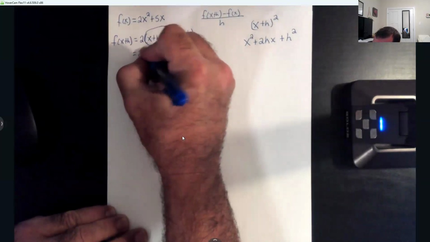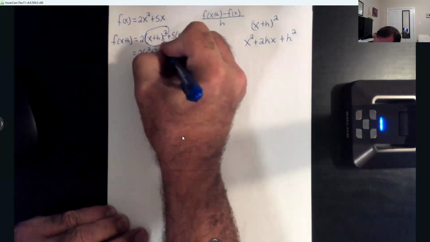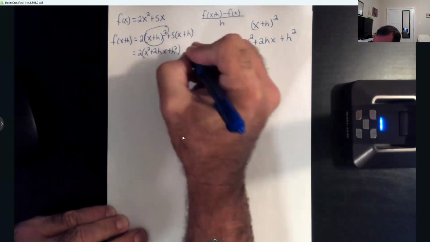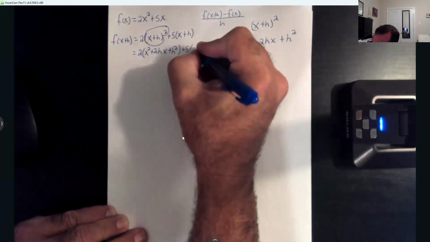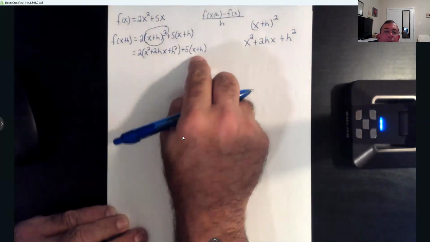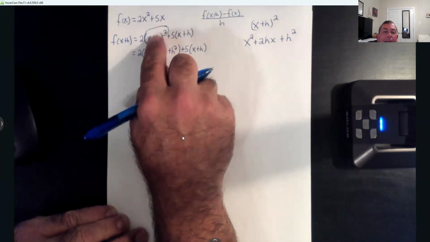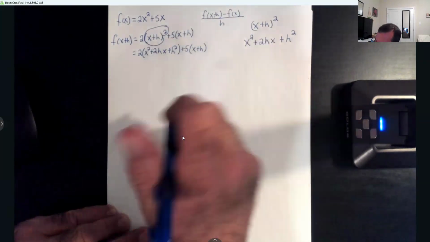So this becomes x squared plus 2hx plus h squared. Then I'm going to bring down my plus 5 times x plus h. Now I didn't FOIL this one because it don't have an exponent, okay? So the only thing I did on that first step was FOIL that out and replace it with this.